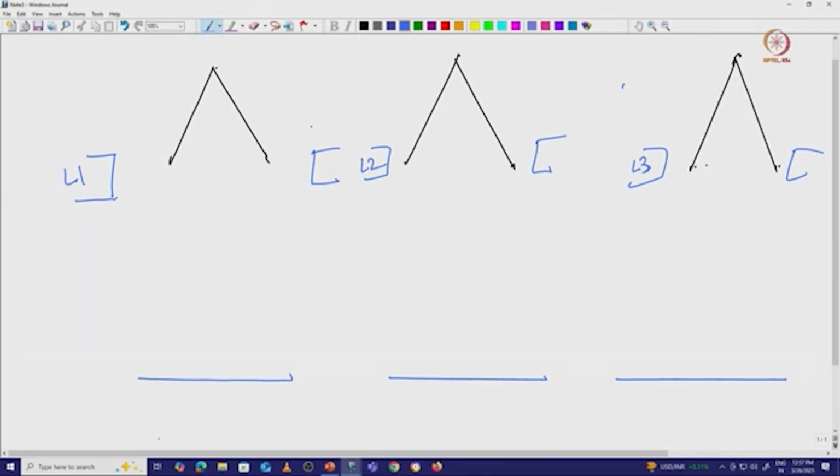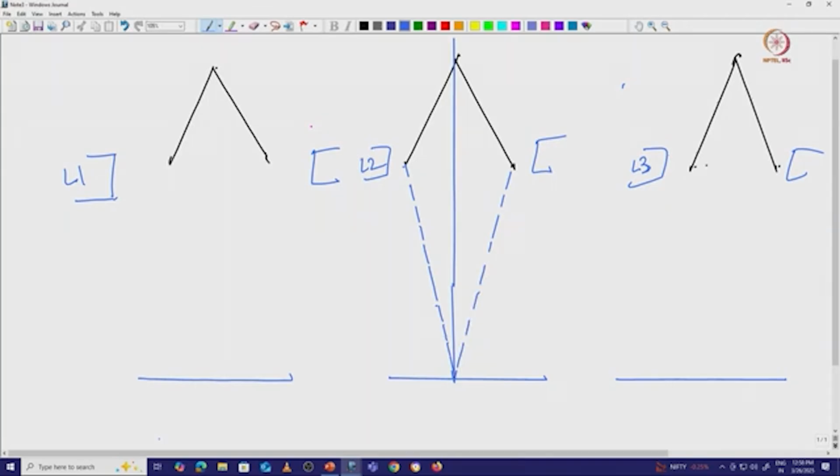So in one particular case we consider that we are using a magnetic field in such a way that if this is our optical axis, all the rays after focusing are going and merging at this point. Same thing is true here also, rays are coming and merging at one particular point.